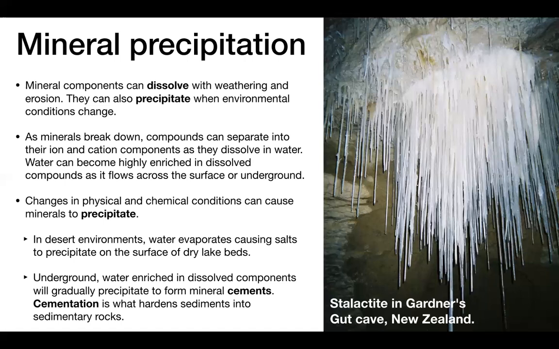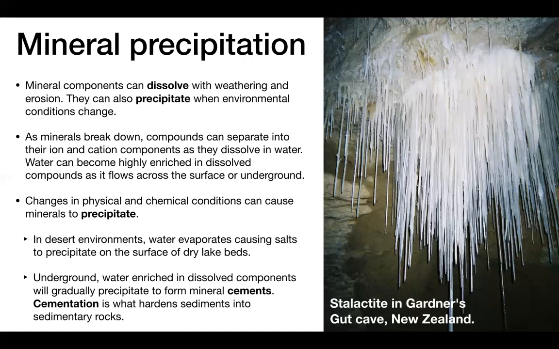An example of precipitation in our homes is when water evaporates and leaves behind a rind of calcium carbonates in faucets, shower heads, and drinking glasses. In nature, changes in environmental conditions may cause the minerals dissolved in water to form bonds and grow into crystals or cement grains of sediments together.